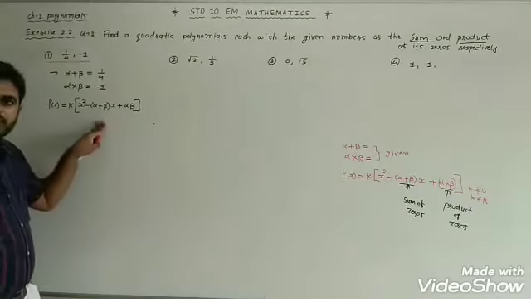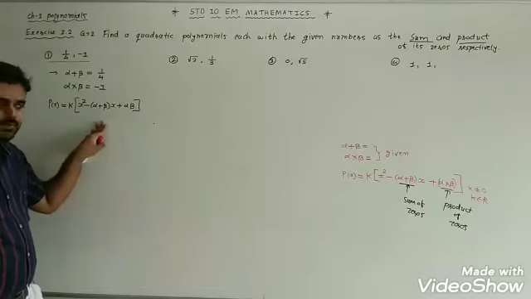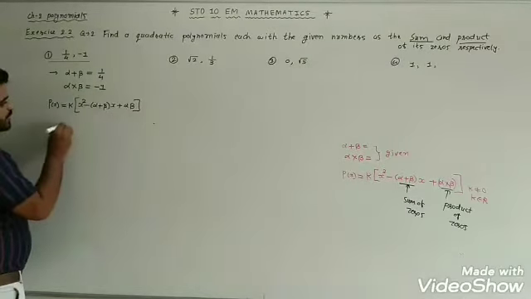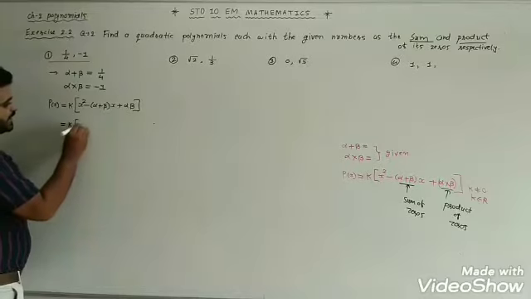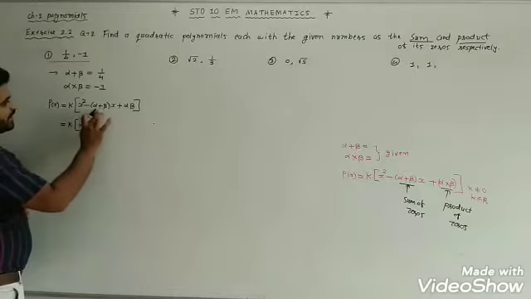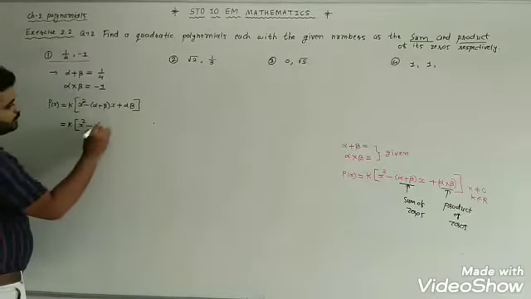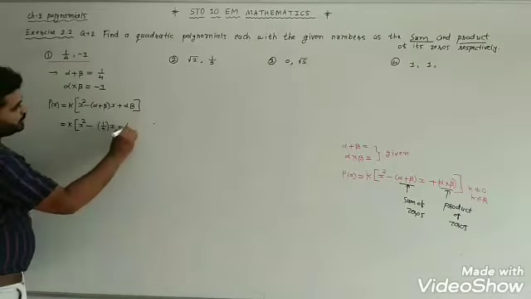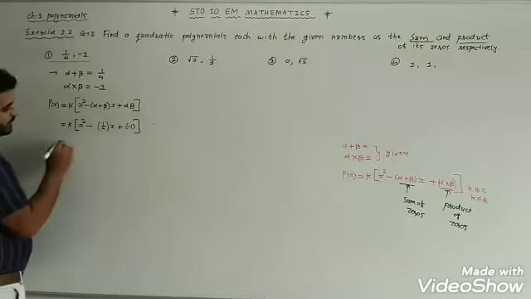It is the formula to find a quadratic polynomial. Now put these values in this. So we have k into bracket x square minus alpha plus beta, which is 1 by 4, x plus alpha into beta, which is minus 1.